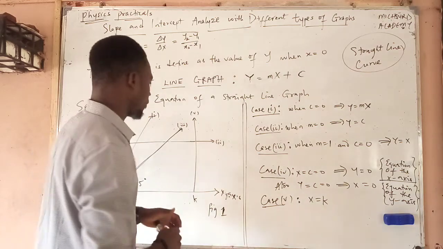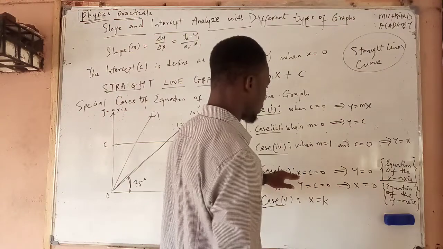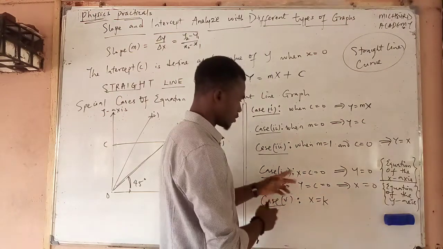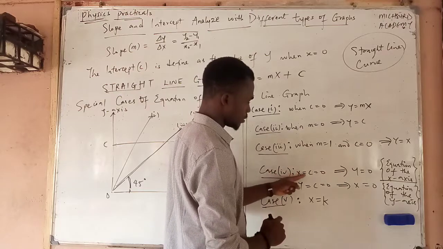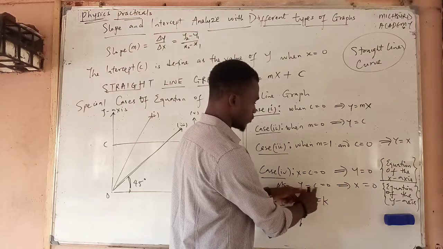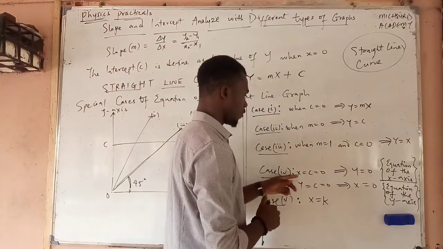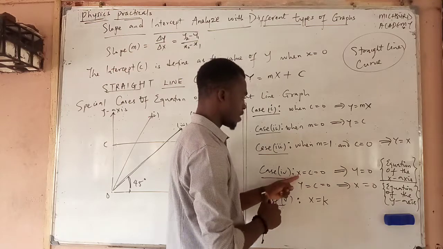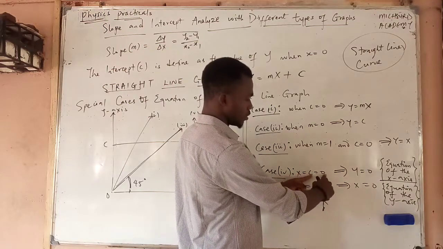Now for case 4, we are going to look at two types: when x is equal to 0 and c is equal to 0, and when y is equal to 0 and c is also equal to 0. For the first one, x is equal to 0 and c is also equal to 0.